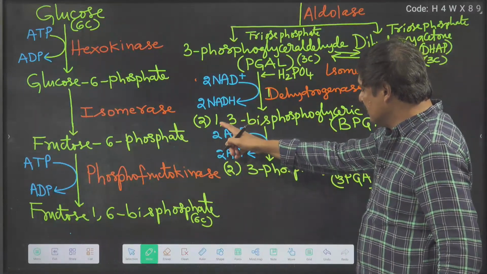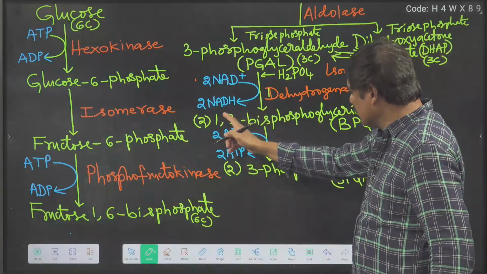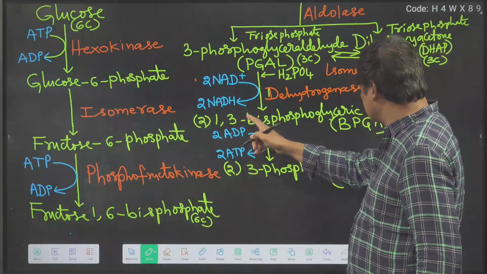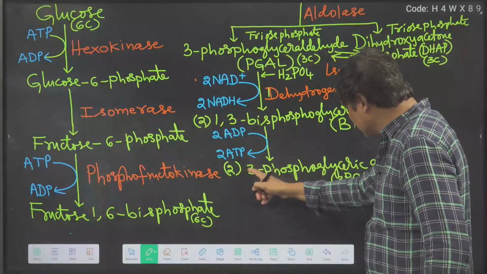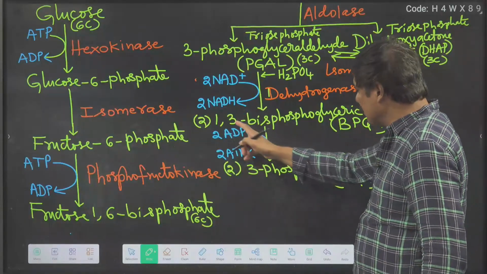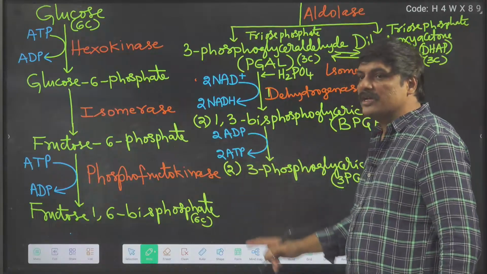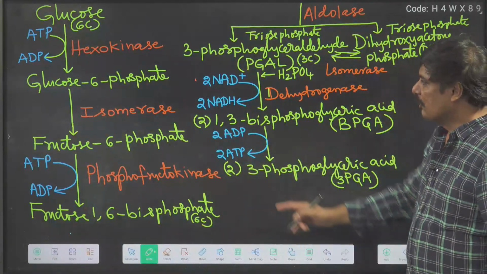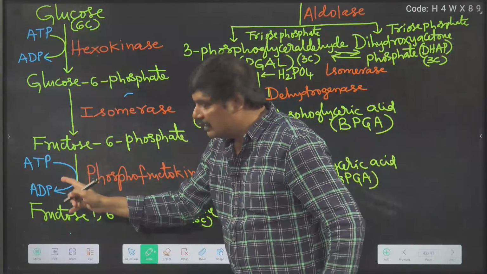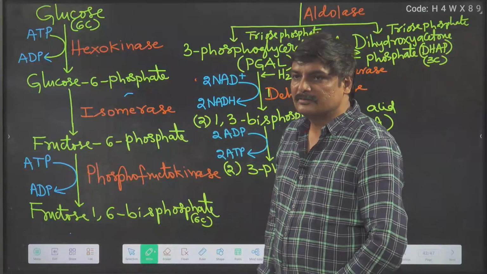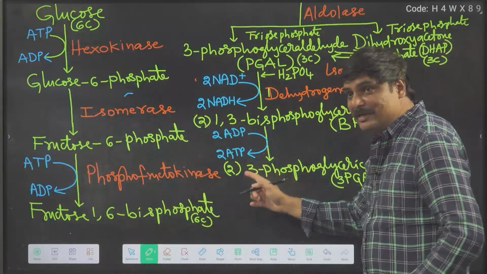Previously it has 1 phosphate on the first carbon and another phosphate on the 3rd carbon. Now it becomes only 3-PGA. That means 1 phosphate is added to ADP, so that ADP becomes ATP. Here ATP is formed.